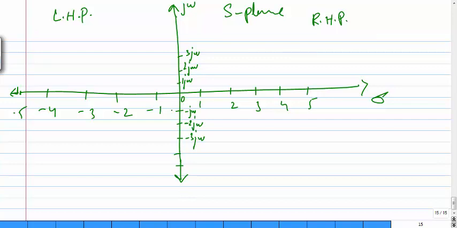If you work on this j omega axis only, this means that you are actually doing the Fourier transform, where s is equal to j omega. But we are working on both, and then this means that you are actually doing the Laplace transform.